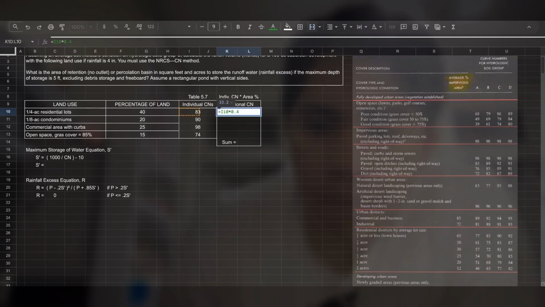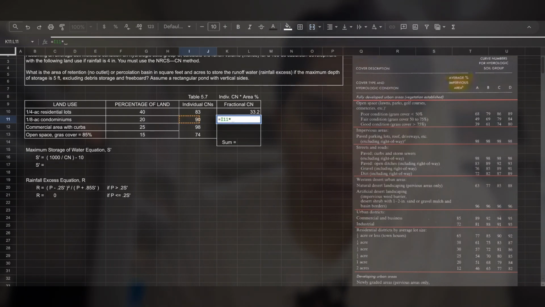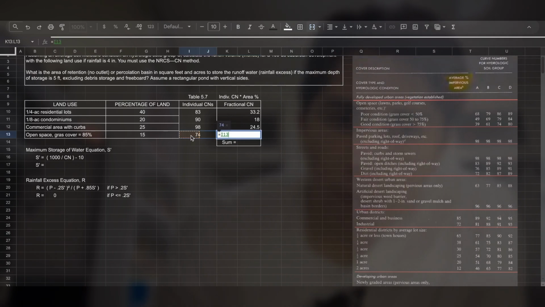Okay, 33.2. And we do the same with the next ones. 90 times 0.2, that's 20%, 98 times 0.25, and the curve number that we found times 0.15.